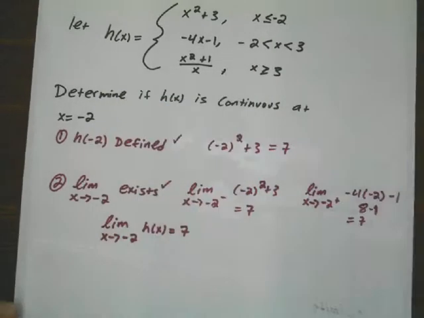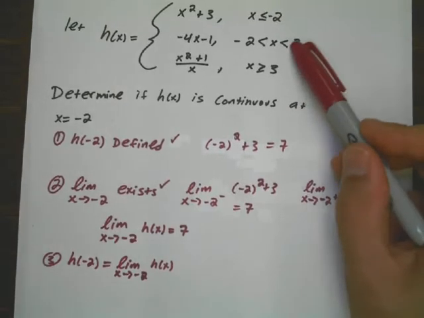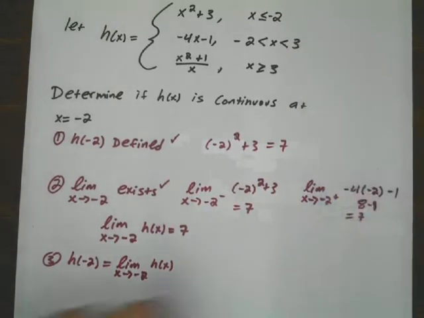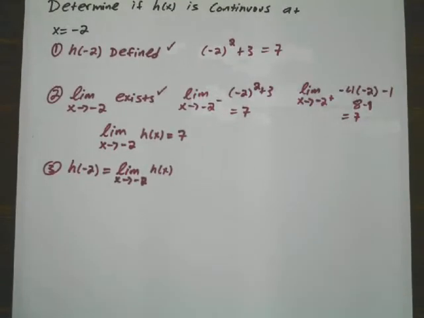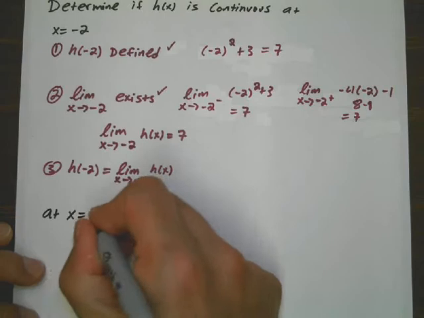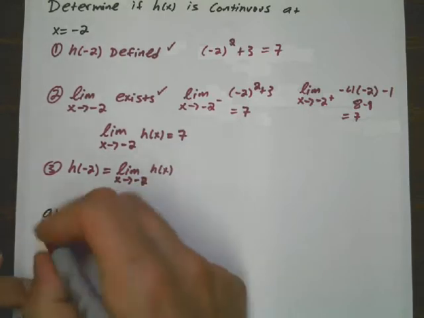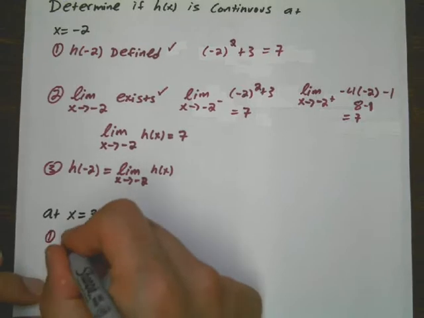Alright, now we're going to investigate if the function is continuous at 3. Now I'm going to figure out if it's continuous at x equal to 3. So the first thing I have to again do is figure out if it's defined at 3.